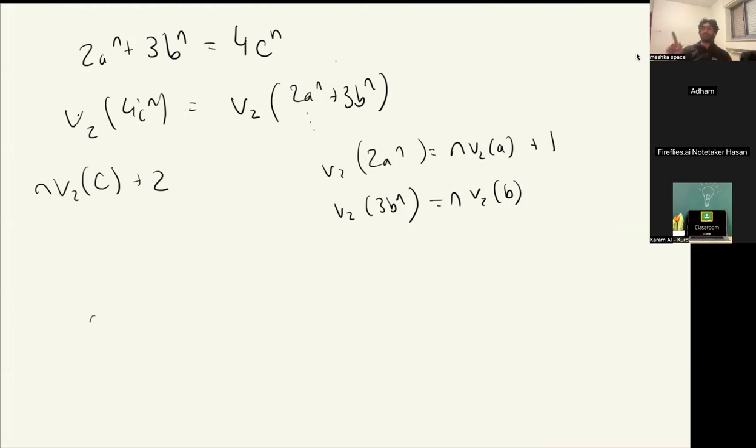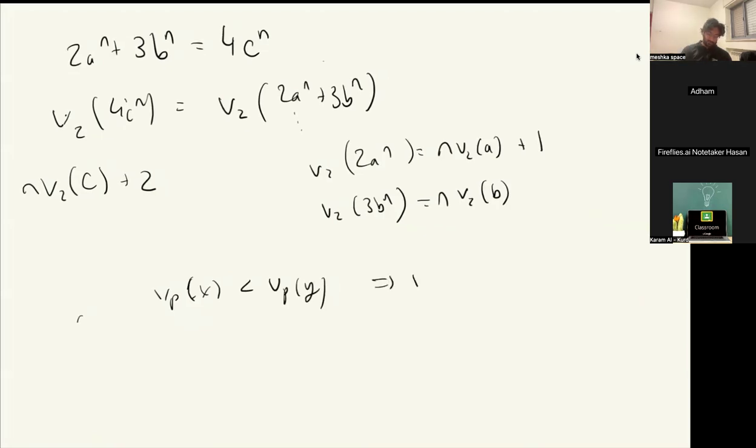If I had an odd number and an even number, the sum is odd, right? The generalization is if I have two numbers x and y, where v2 of x and v2 of y, it can be p actually, where let's say VP of x is less than VP of y, so y has more powers of p, then the sum has valuation VP equal to VP of x, the smaller one. Does it make sense?